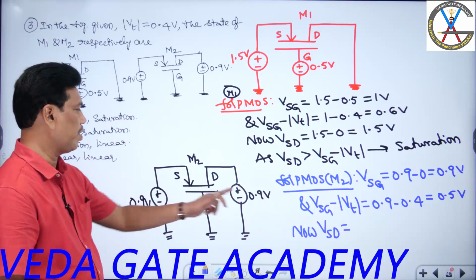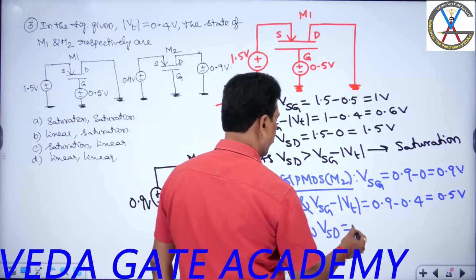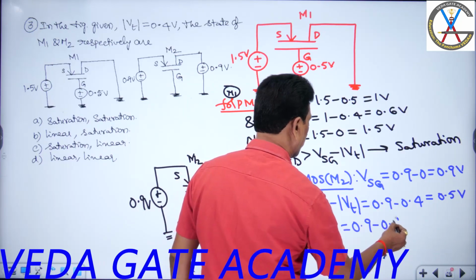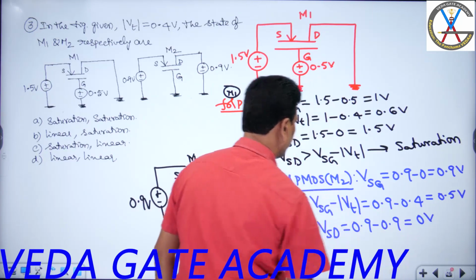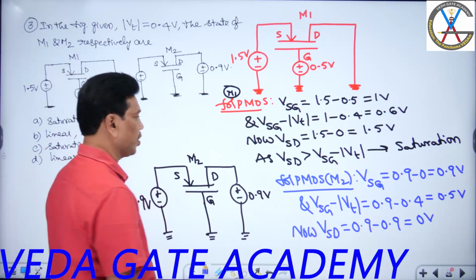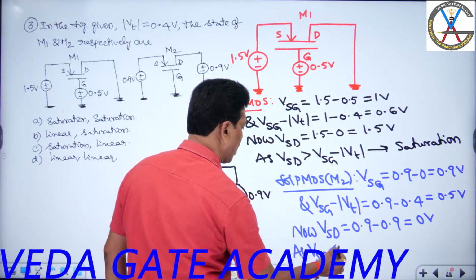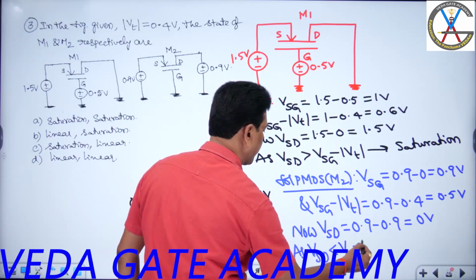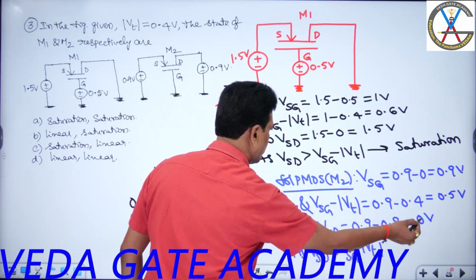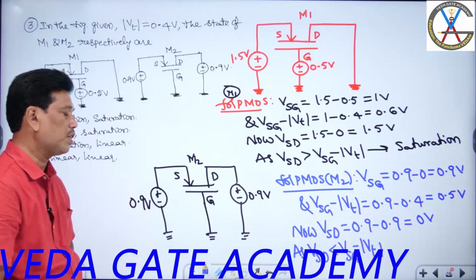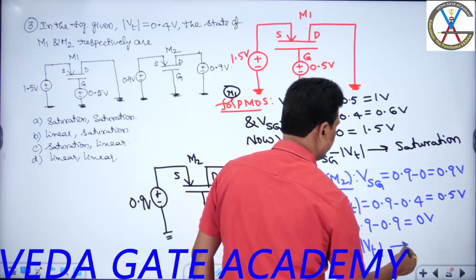VS is 0.9, VD is 0.9 again. So that is 0.9 minus 0.9, that equals 0 volt. If I compare both, this VSD is less than VSG minus modulus of VT. It is 0, that is 0.5. So this fellow is in linear region.